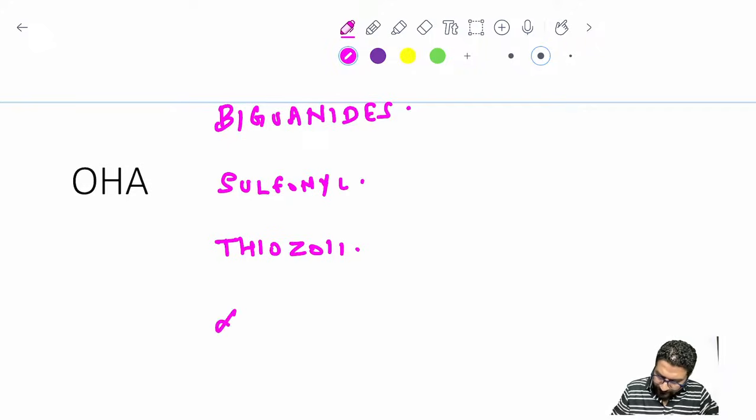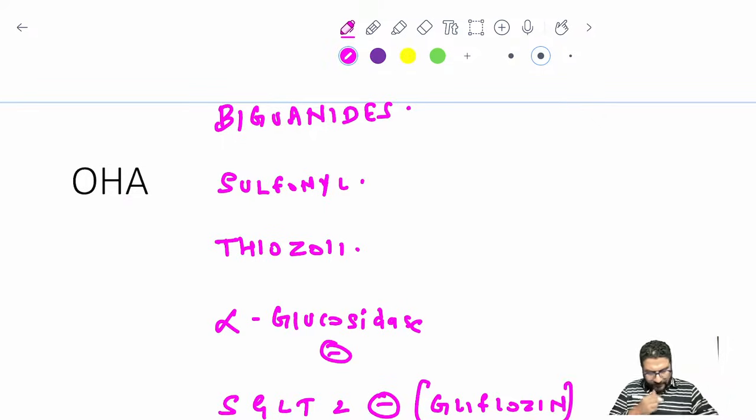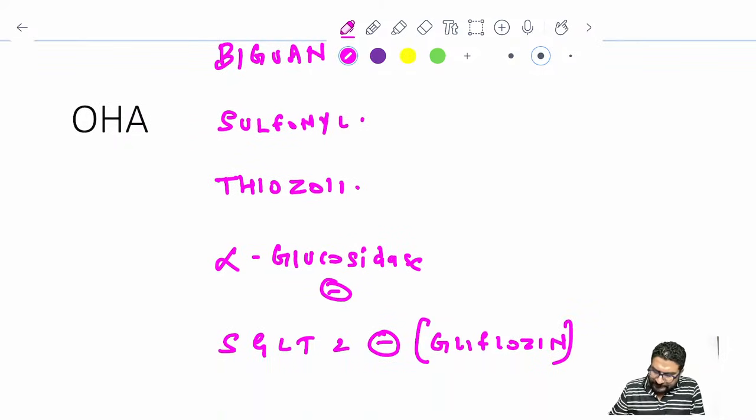Then what we have, alpha glucosidase inhibitor. We have SGLT2 inhibitor. These are called gliflozin. Then what we have, gliptins, DPP4 inhibitor.